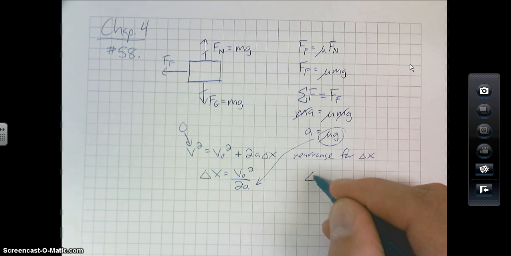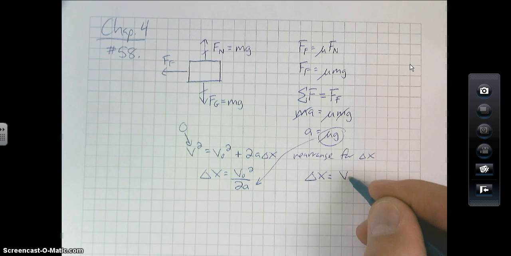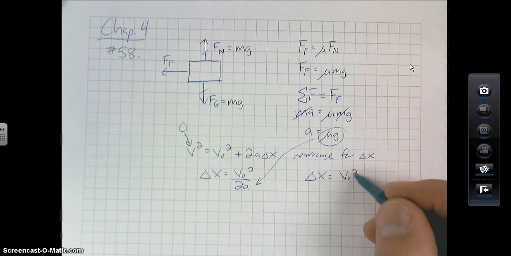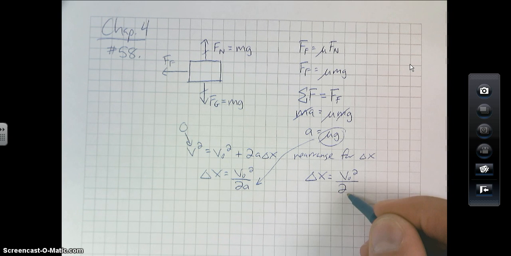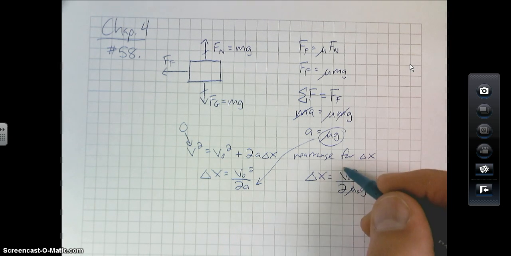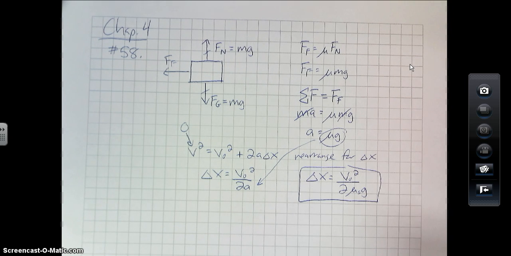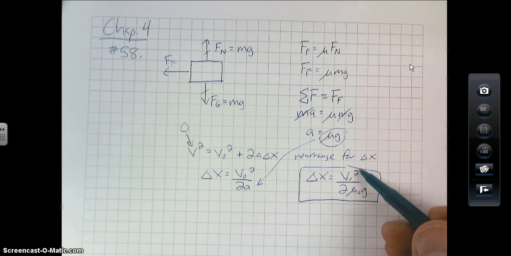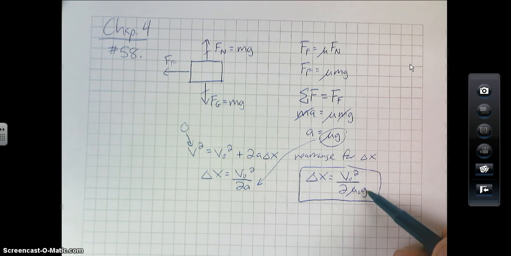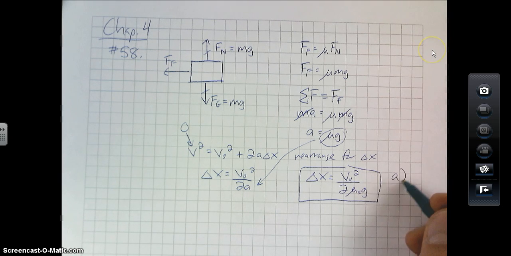So I get delta x is v naught squared over 2 mu g, where this is mu s. Okay, and that is showing that the stopping distance is equal to the initial velocity squared divided by 2 mu s g. Okay, now that was only part A of the problem.